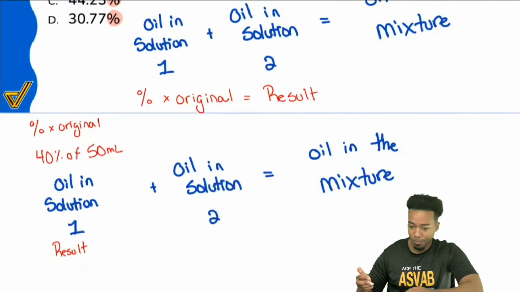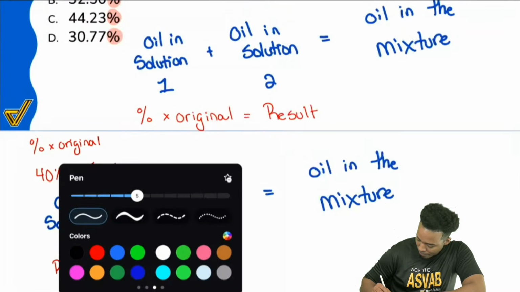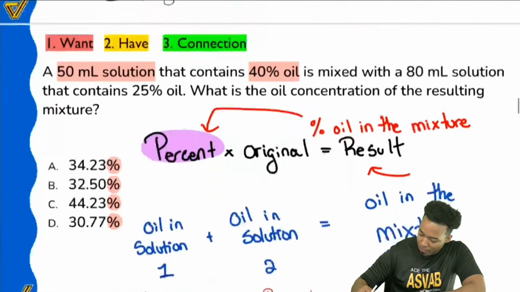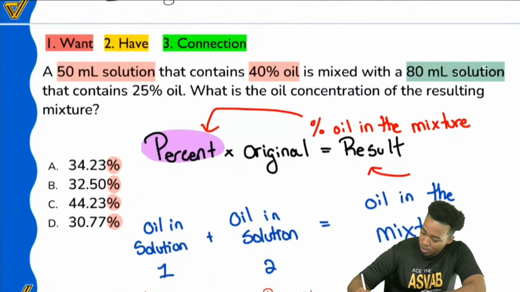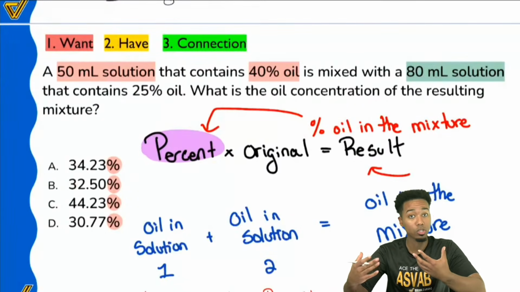Here we go. Oil in solution 2, let's figure out what that's going to be here. Let me use green. Everybody, what do we have for the original amount for solution 2? What's the original? Great, yep, that's going to be 80. We're told that the original amount of solution 2 is 80 milliliters.